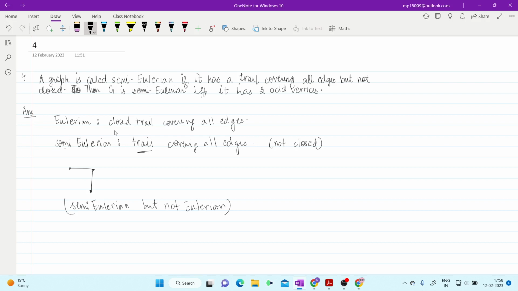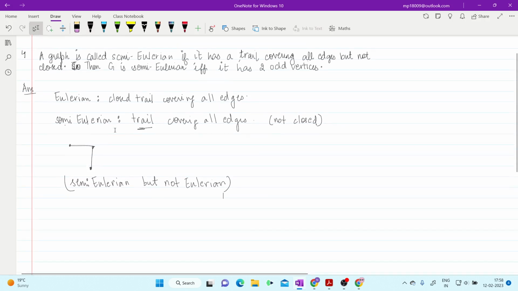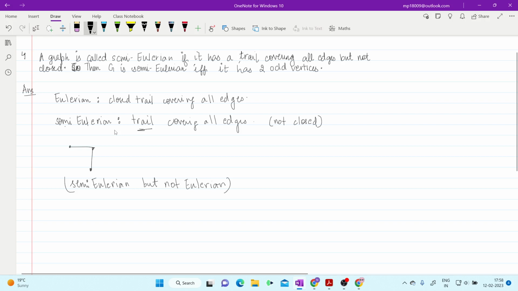And we can look at other examples also, but the question says that the necessary and sufficient condition for G to be semi-Eulerian is that it should have exactly two odd vertices.